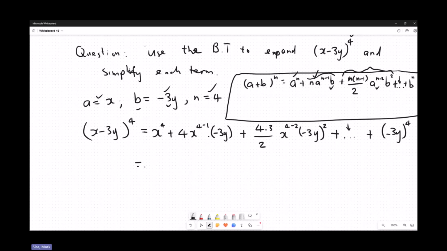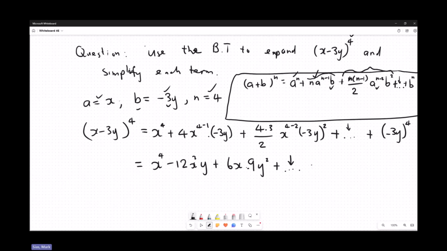So let's simplify now. It's x to the exponent 4. Then I've got 4 times negative 3 is negative 12, x cubed, and then y. Then here, I've got 4 times 3 is 12 divided by 2 is 6, then x squared, because 4 minus 2 is 2. And then negative 3 squared, which is 9, 9y squared. This term I leave for you to fill in.